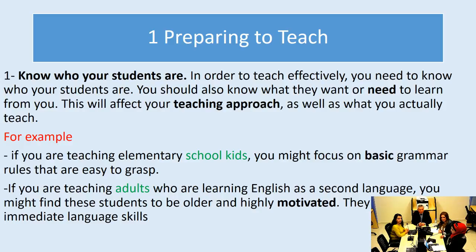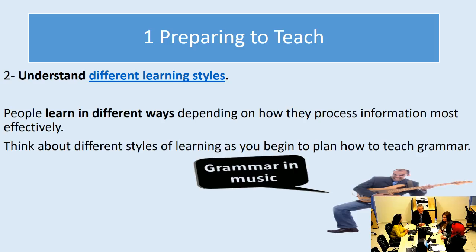For example, if you are teaching elementary school kids, you might focus on basic grammar rules that are easy to grasp. If you are teaching adults who are learning English as a second language, you might find these students to be older and highly motivated. They also may need immediate language skills. Yeah, so you should know your audience.